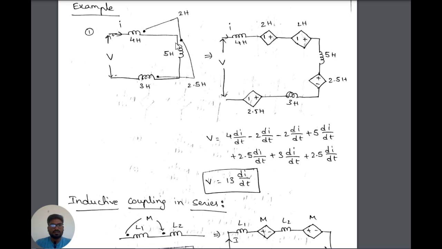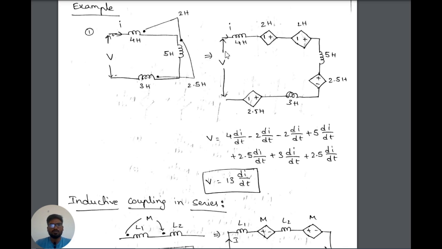This 5 Henry consists of self-inductance and two mutual inductances. One is due to coupling with 2 Henry and another is with 3 Henry. So two voltage drops can be seen here. For 3 Henry, there is one mutual inductance between 3 and 5, that is 2.5 Henry.